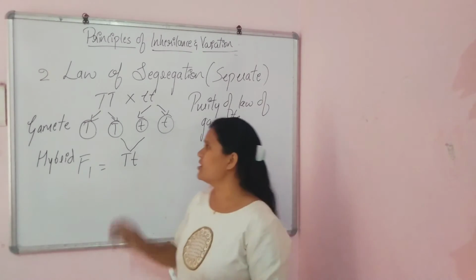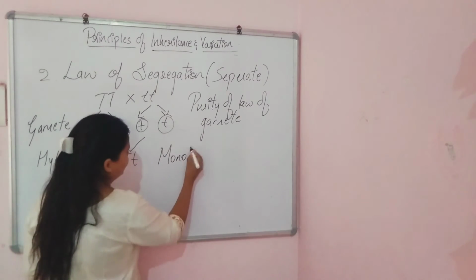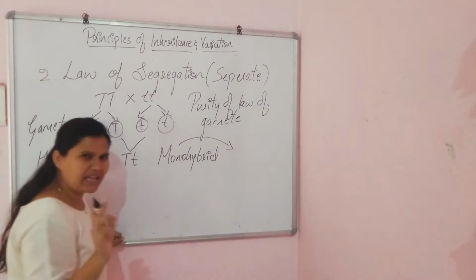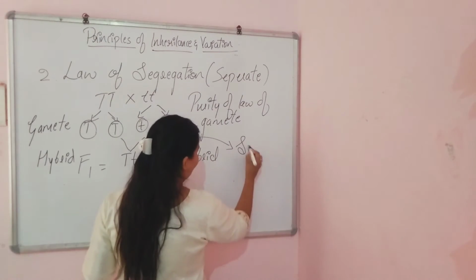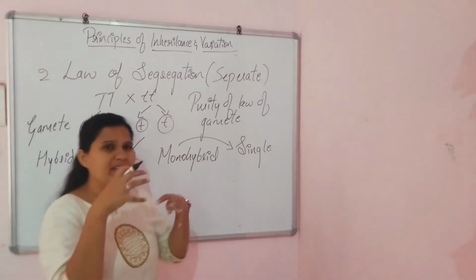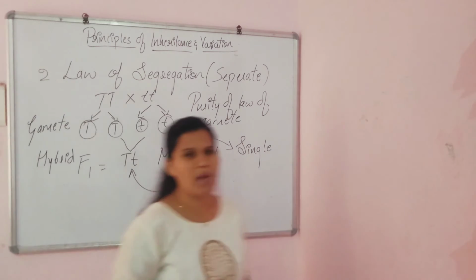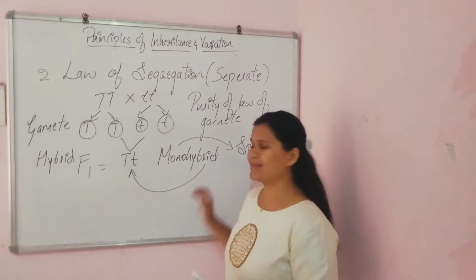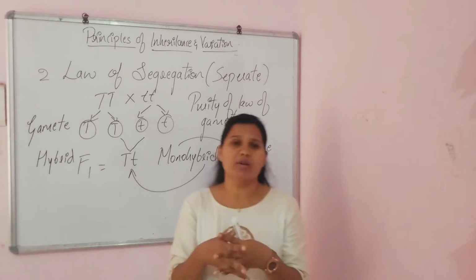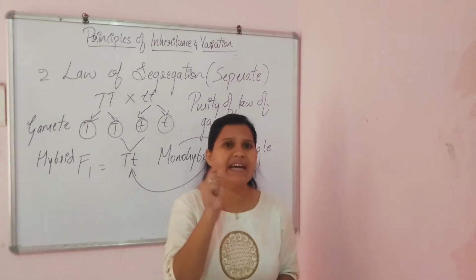Mono means single, and hybrid is the offspring formed by crossing. So here the hybrid is these heterozygous tall plants. This is called the monohybrid, where two parents by crossing give us heterozygous offspring of a single character.